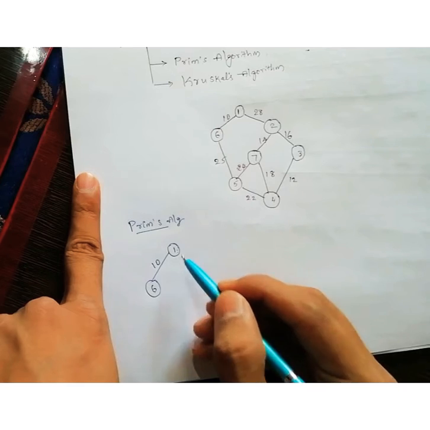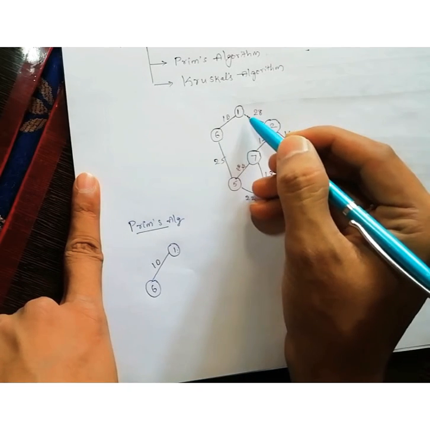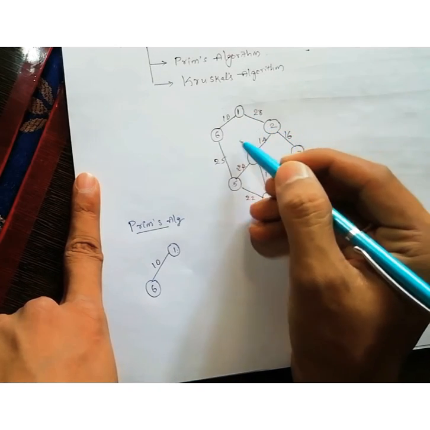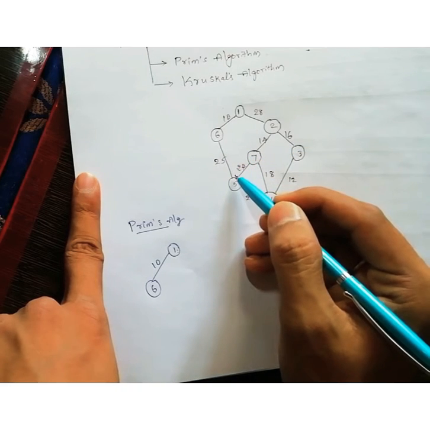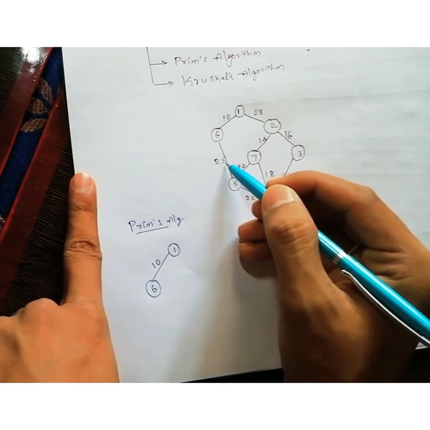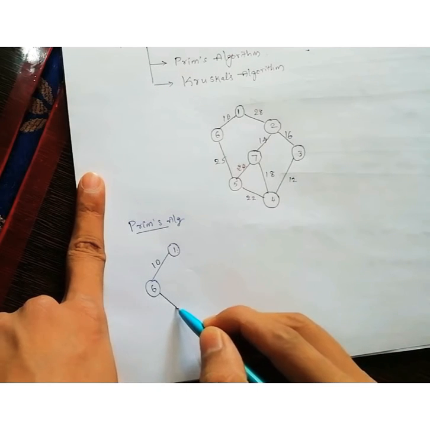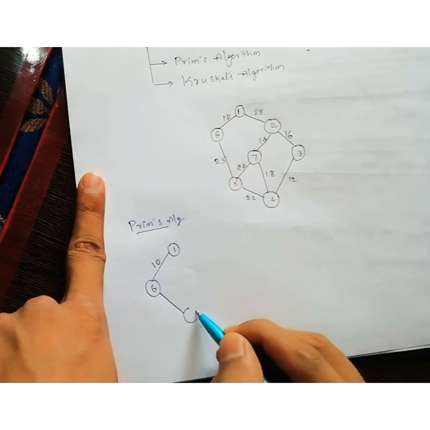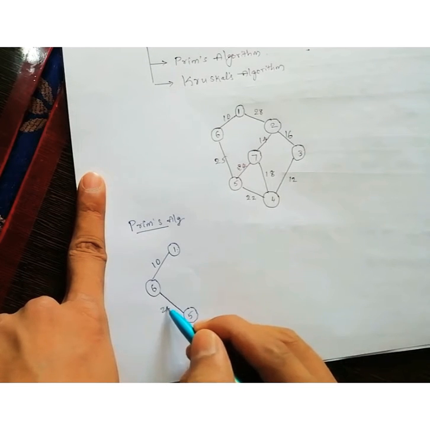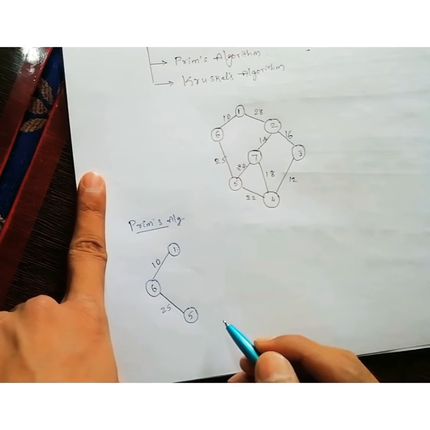So 1 and 6, what are the outgoing edges? 28 is there, 25 is there, so which one is the least edge? 25. So I will consider 25 now. So from 6 to 5, that is the cost of that edge, 25.